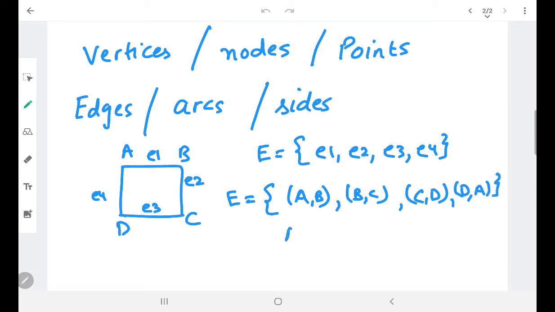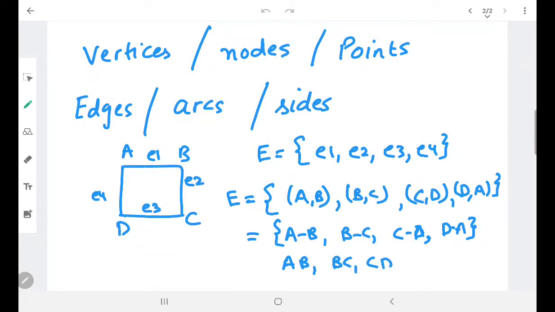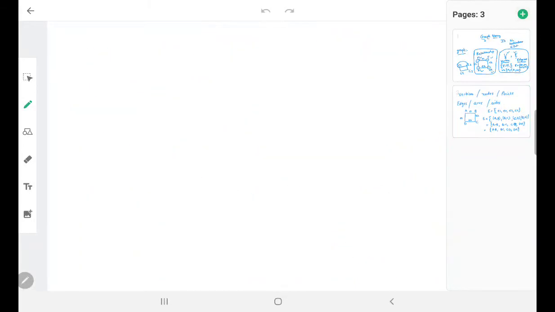Or I can show it like AB, one edge, then BC, then CD, and then DA. This is another way. And the last way is AB direct, BC, CD, and DA. So these are the different ways of representing the edges and vertices with their different names.